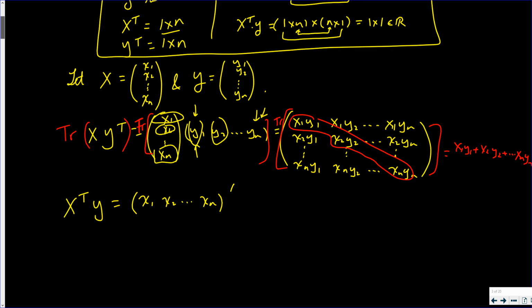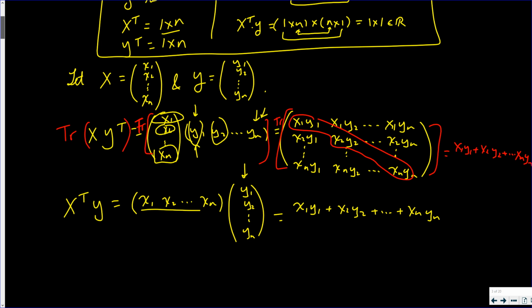And I multiply that by Y, which is y1, y2, up to yn. And there's only one row and one column. When I multiply those two, I get x1 y1 plus x2 y2 all the way down to xn yn. And those two are equal.